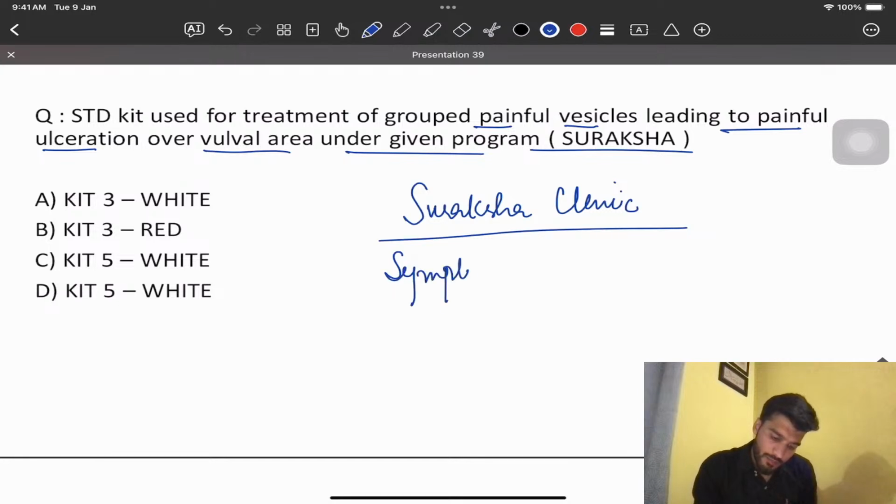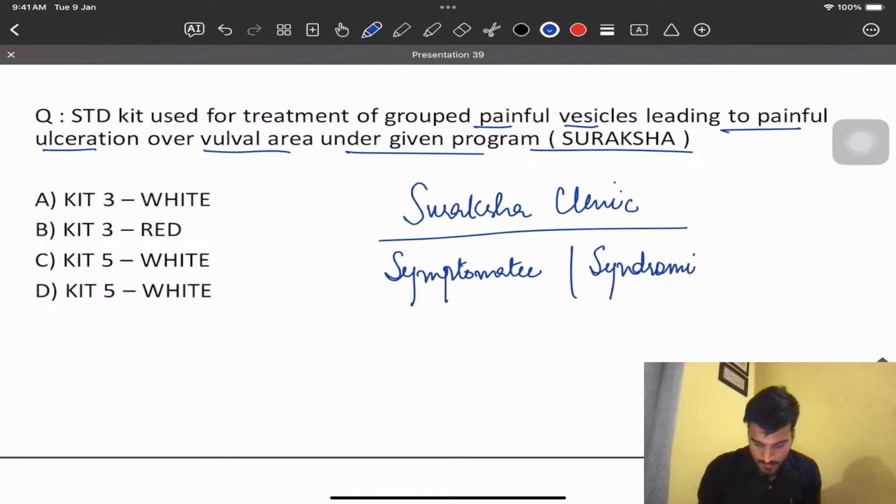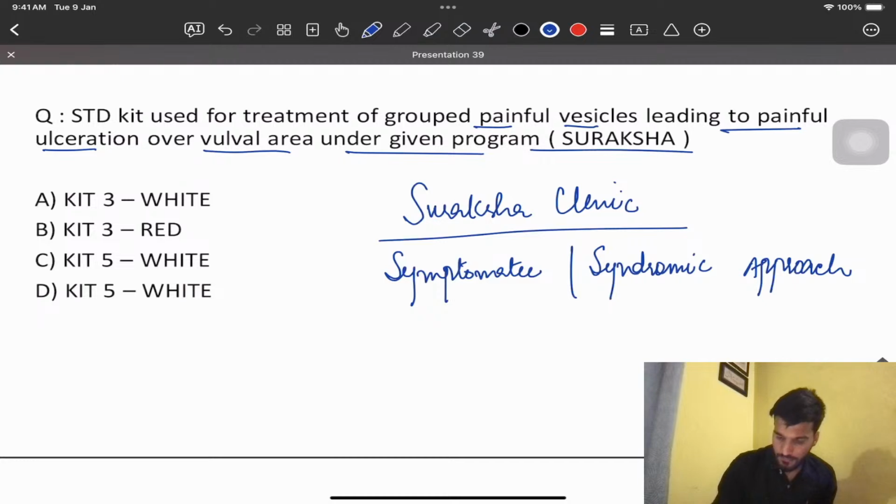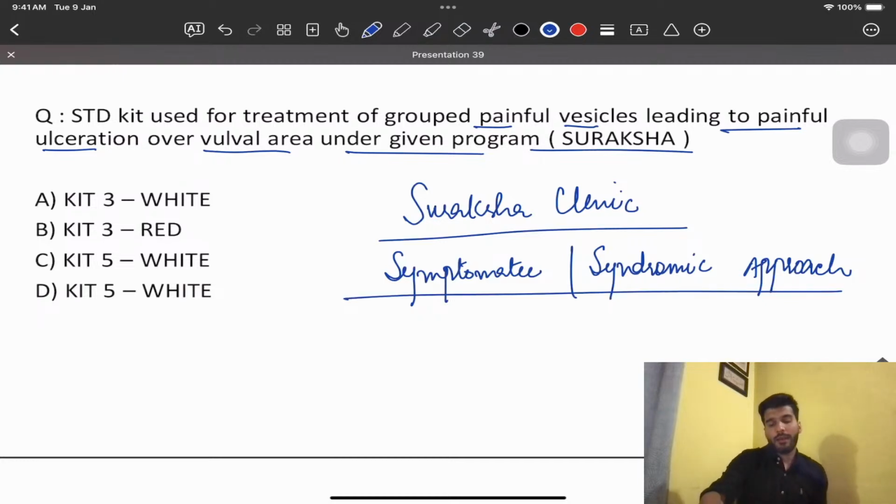If I talk about this Suraksha Clinic, my dear students, it was a syndromic approach, a symptomatic or syndromic approach. What do I mean by symptomatic approach? For example, you have a patient complaining of vaginal discharge.